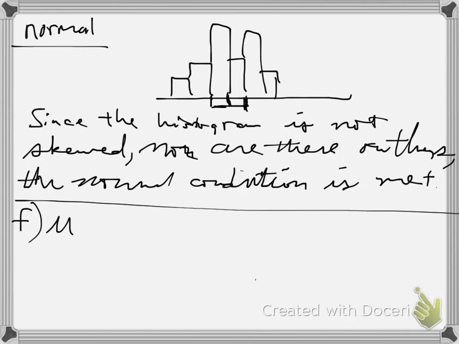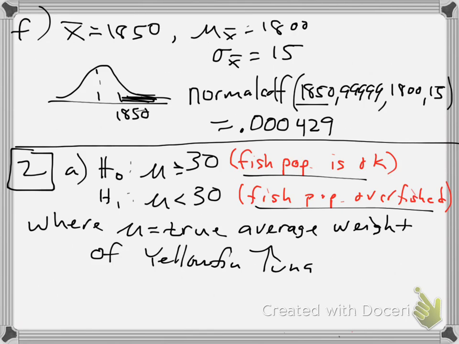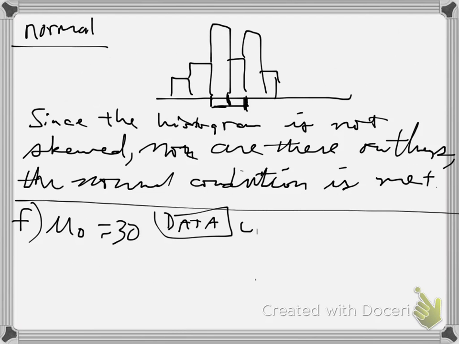First thing I want to do is input. We're going to use the data since I entered all the data into L1. For mu naught, we're going to use 30. If you're not sure what number to put there, maybe you're confused by the experiment we did today using 0, but we use whatever the value of the null hypothesis is, so it's 30.